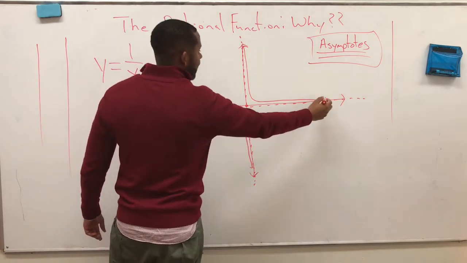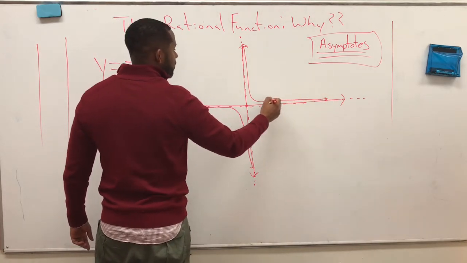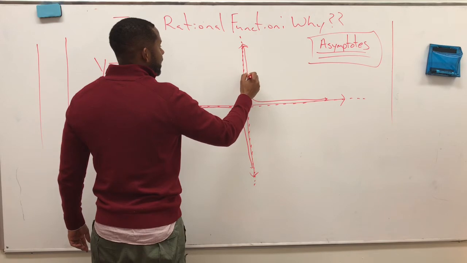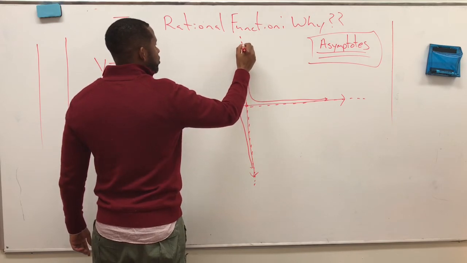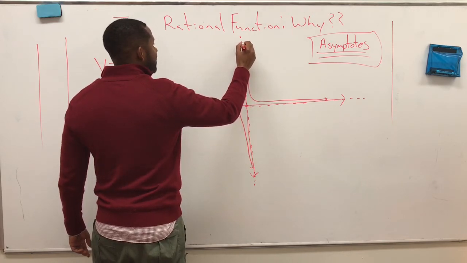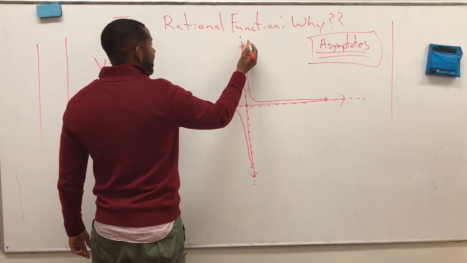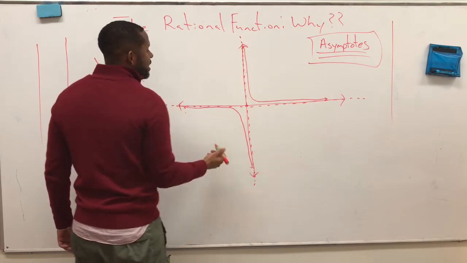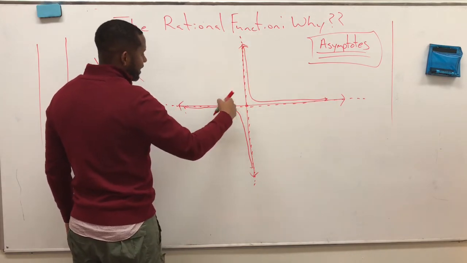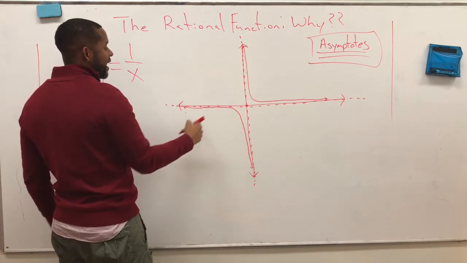So I see my x values getting closer and closer on the positive side to 0. But they're never going to touch. It keeps getting closer to that 0. Same thing on the negative sides. Again, we're just talking about the x values.